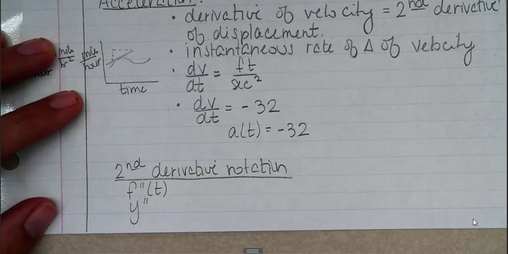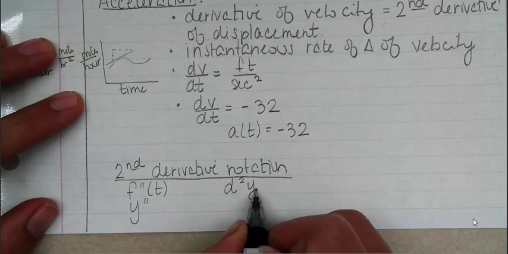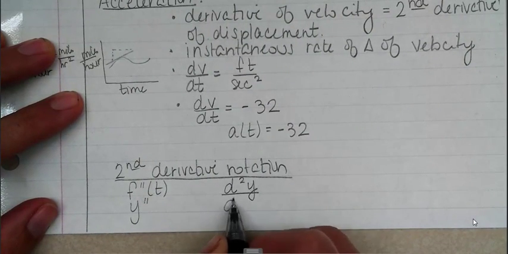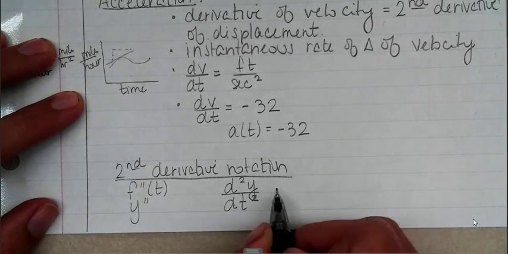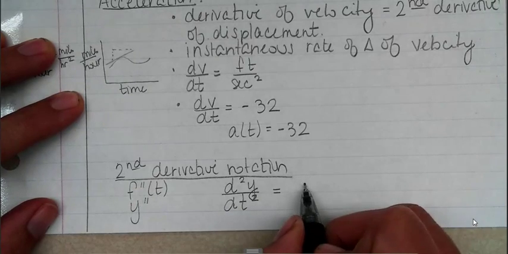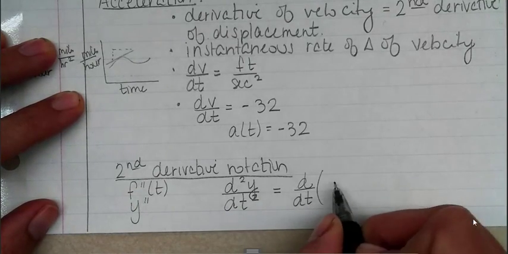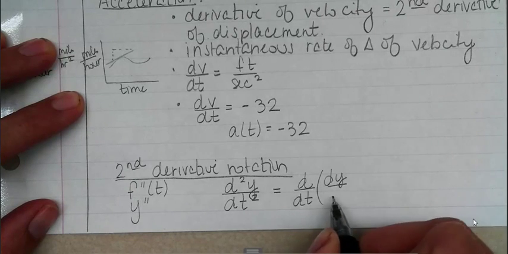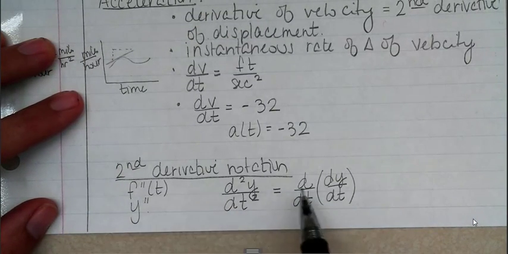Or probably what I'm going to use a lot is the second derivative of y with respect to time squared, which would be the same thing as taking the derivative with respect to time of the derivative of y with respect to t. So these are all different ways of writing this.